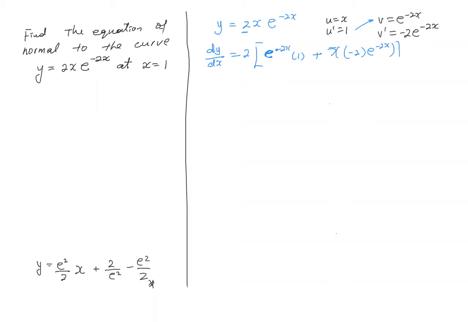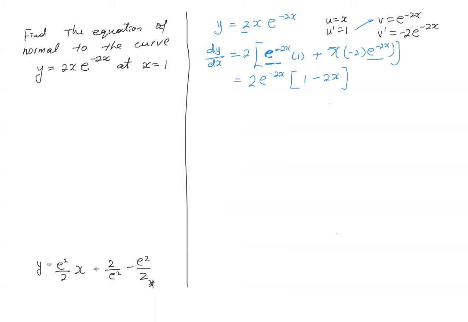Up to you whether you want to factorize or not, but it's good to factorize so that it looks easier. So 2e to the power negative 2x, and here is 1 minus 2x. So that is the first step, get the gradient function first.